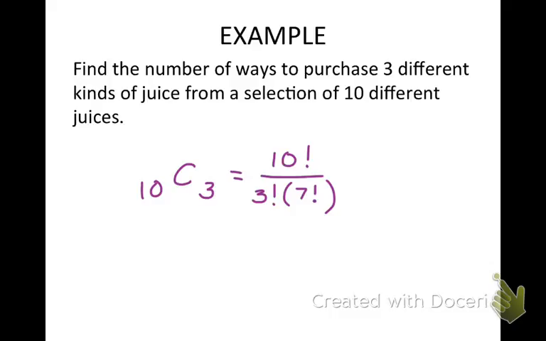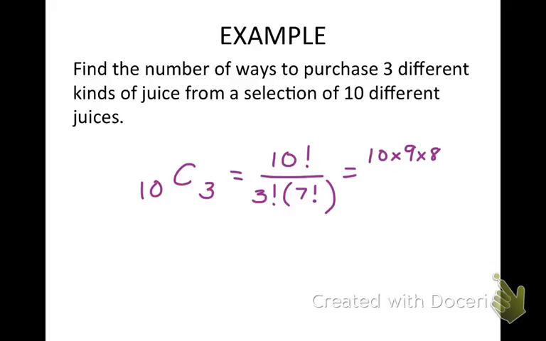So if we try to eliminate things, what would get knocked off from the 10 if I divided out the 7 factorial? 7 and below. So I would have left in my numerator 10, 9, and 8, right? Because 7 through 1 would go away.